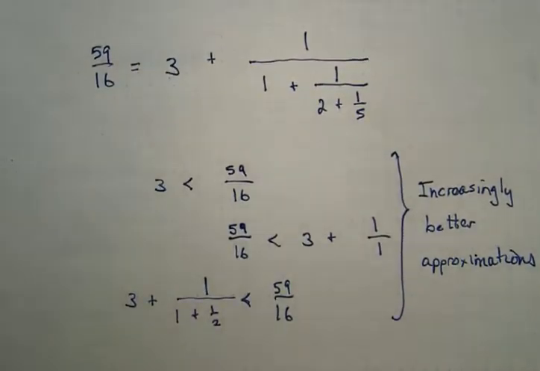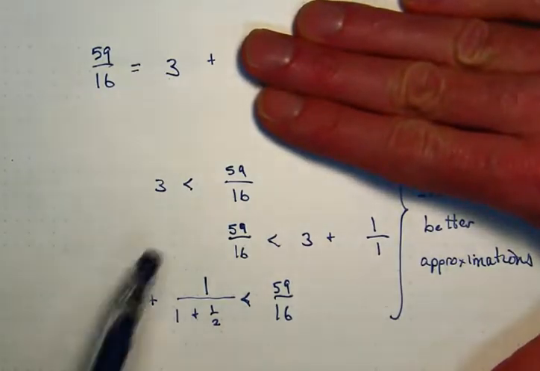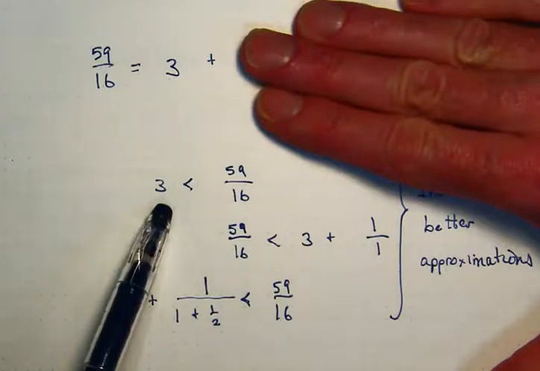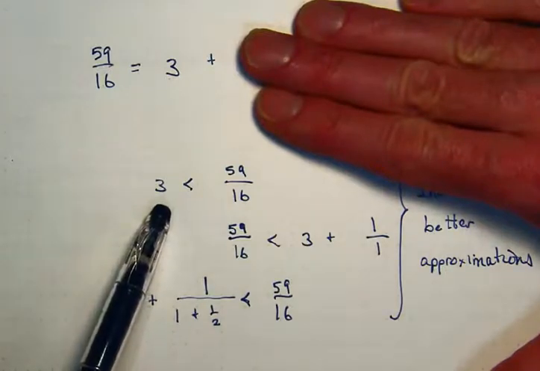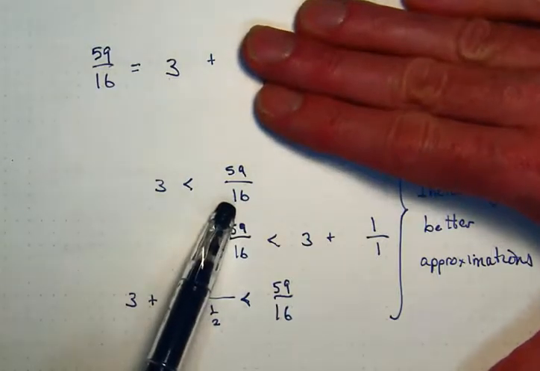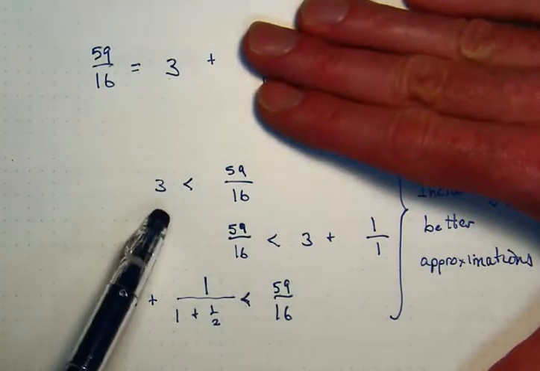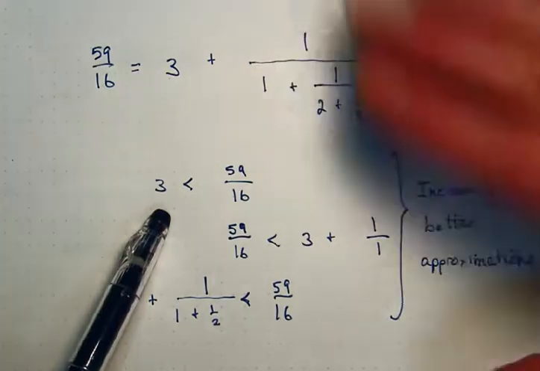Okay, so if we cover up the fractional part, we're left with the whole number part, which is 3. And if you look at the decimal expansion of 59 over 16, you'll see it's 3.6 something or other. So 3 is the best whole number approximation.